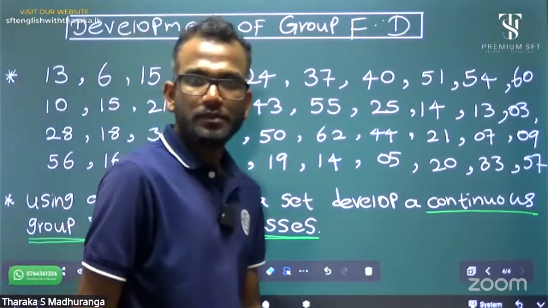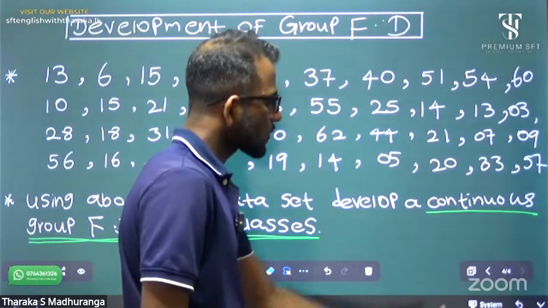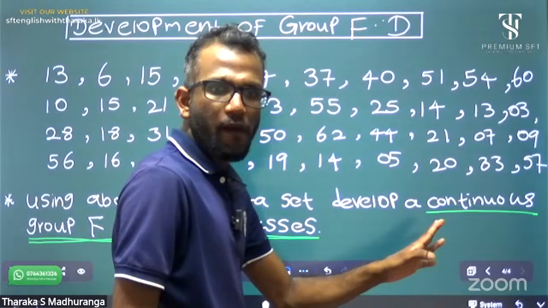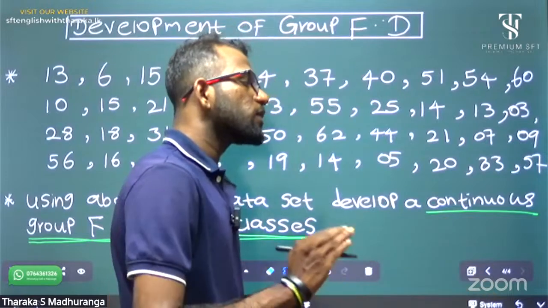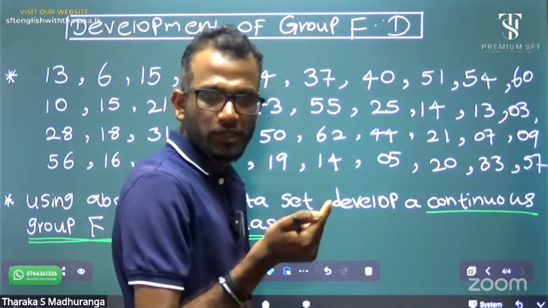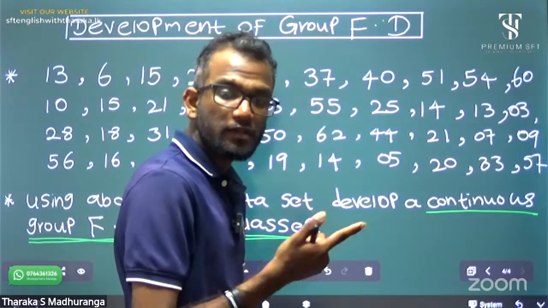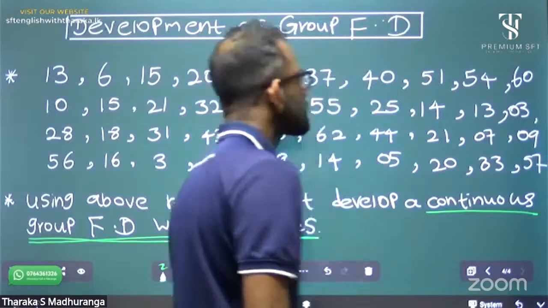Okay, complete. Complete writing and send me a message. Now I want to develop a continuous group frequency distribution with how many classes? 6 classes.